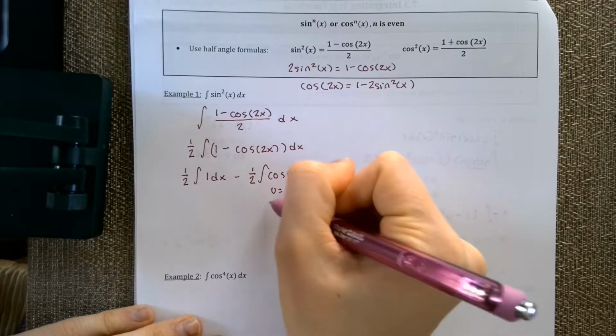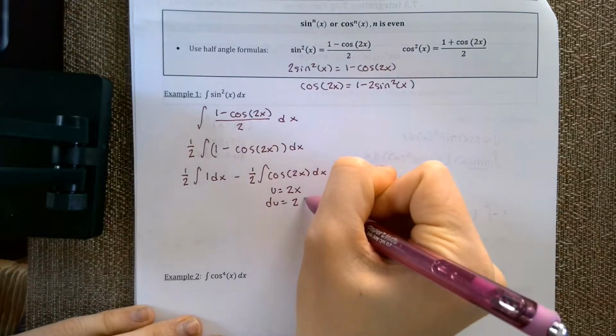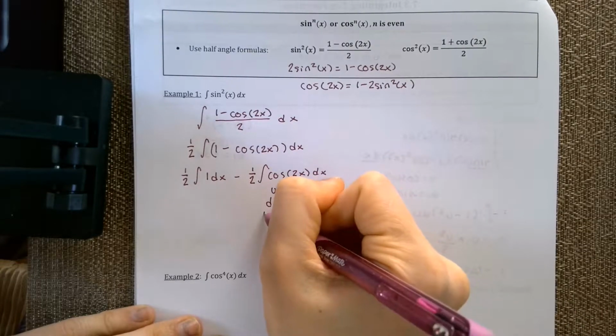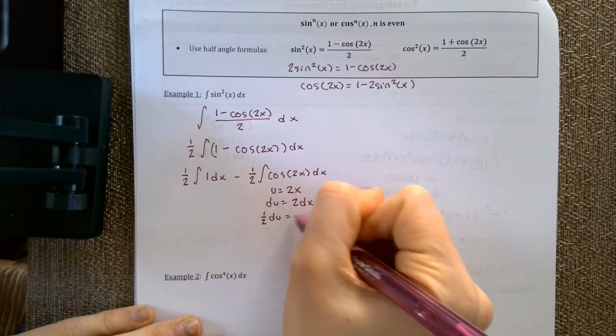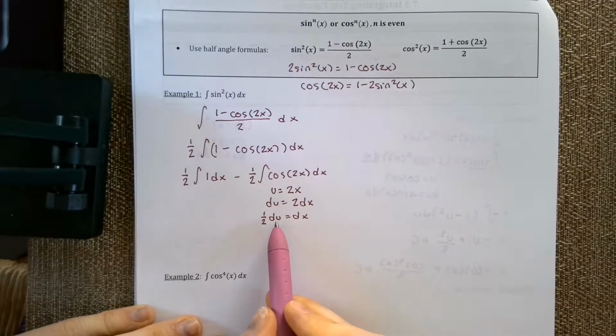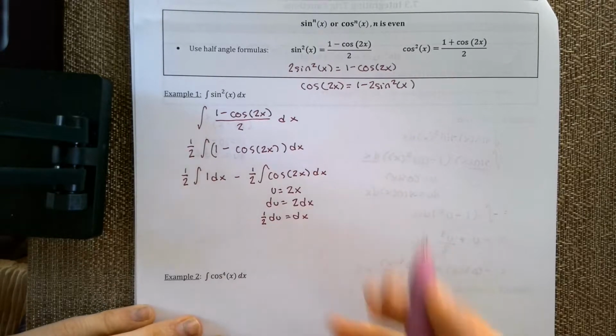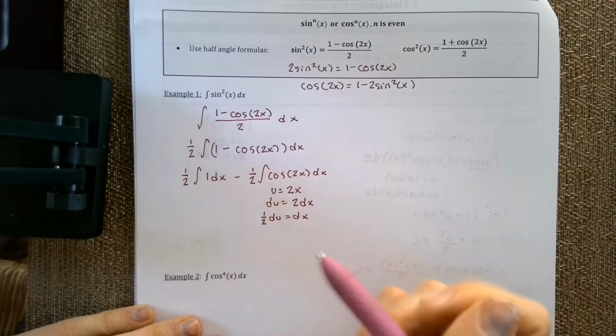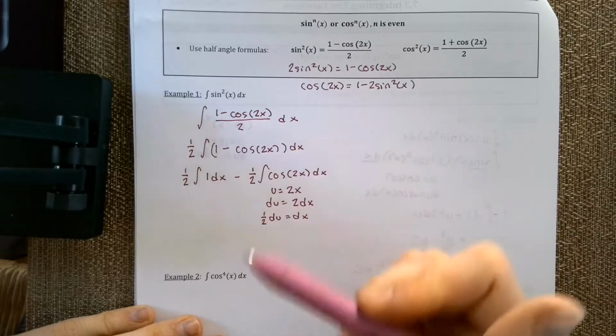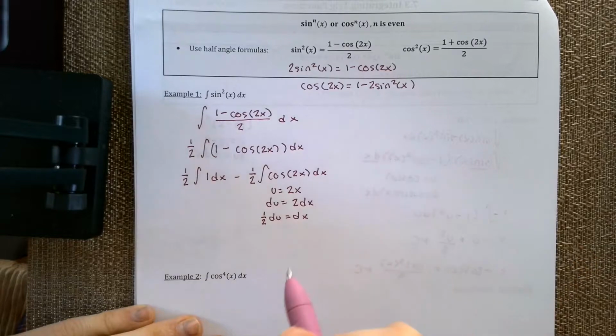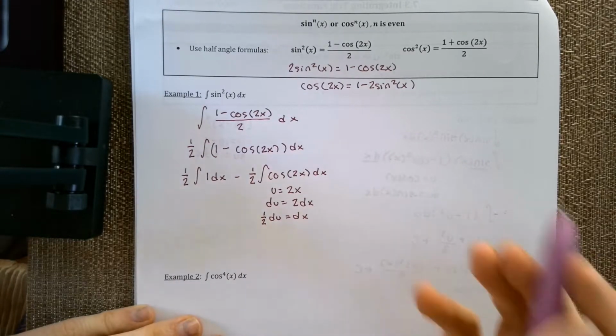U equals 2x, du equals 2 dx. That means we're going to have 1/2 du equals dx, which means we're going to need an extra coefficient on the outside. This one didn't really need that, which is why I recommended separating it, but if you can jump right to this final step without doing the u sub, totally fine.